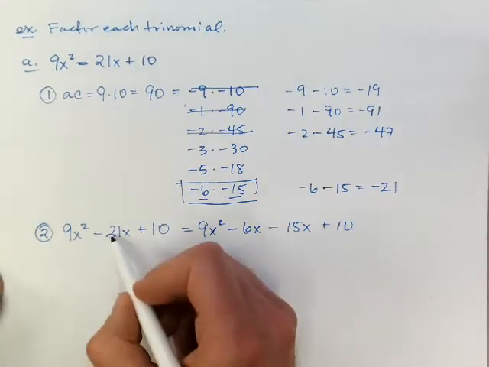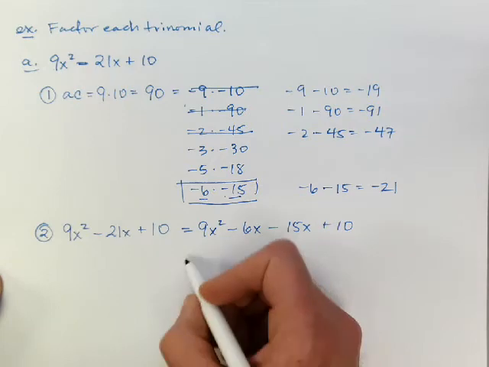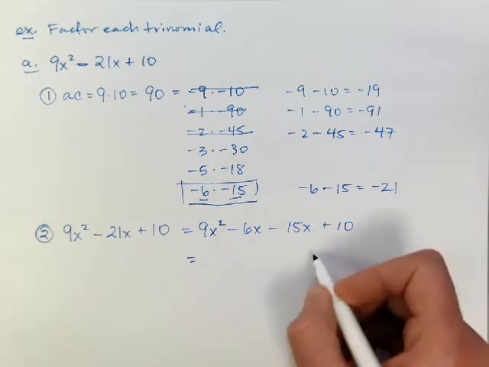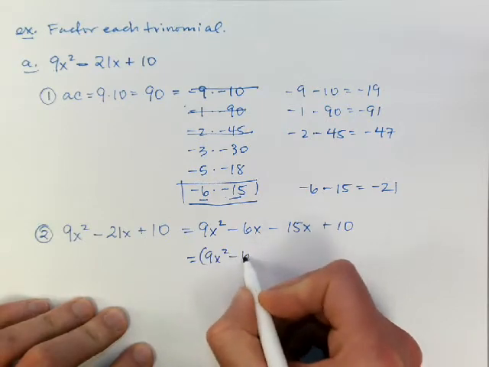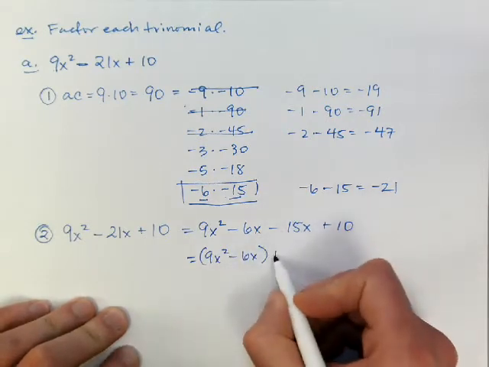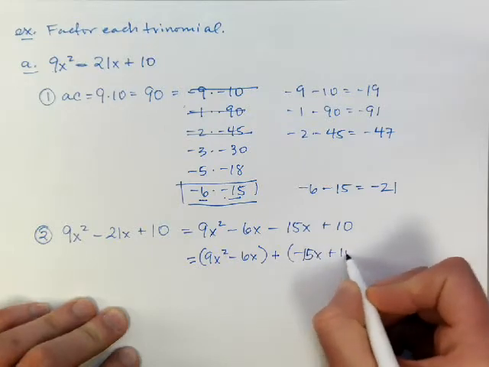So we've just split this up into minus 6 and minus 15. Now we use grouping: we group the 9x squared minus 6x plus the minus 15x plus 10.